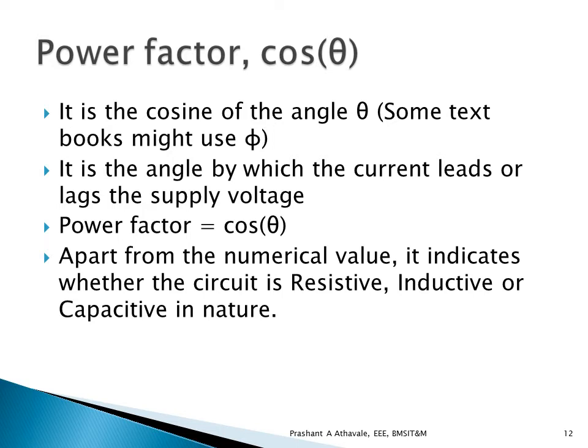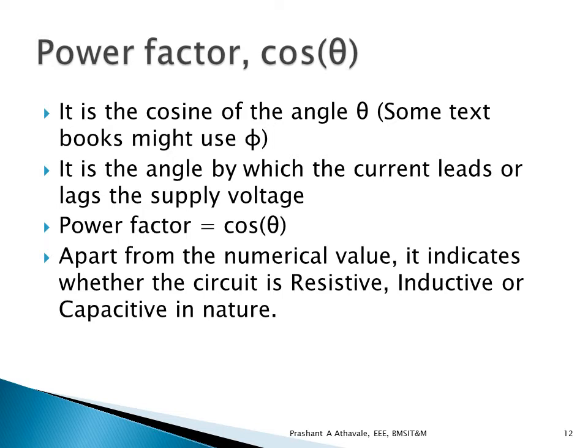Now the question that should arise in your mind is this: it is possible that the current is lagging the supply voltage by, say, 45 degrees. In that case, cosine of 45 will be 1 by root 2, that is 0.707. It is also possible that the current could be leading the supply voltage, and in that case also it will be 0.707.